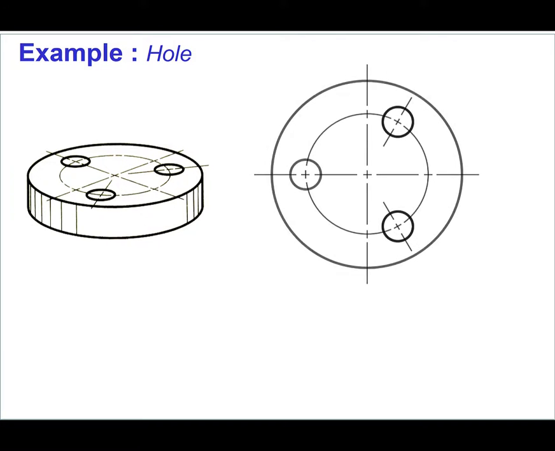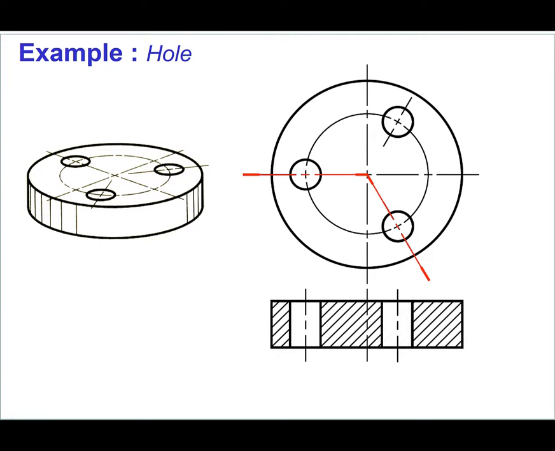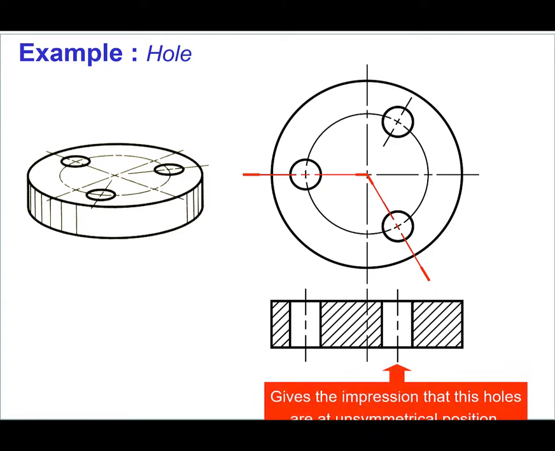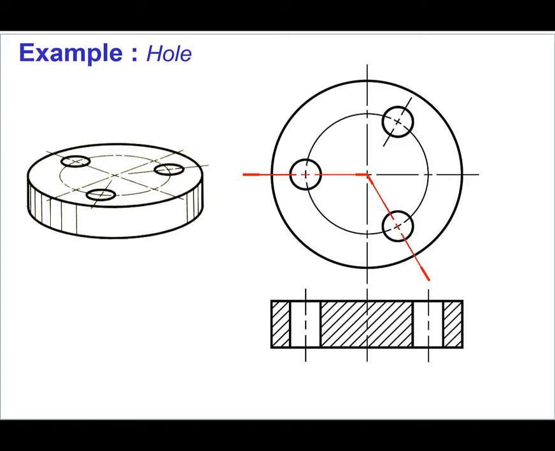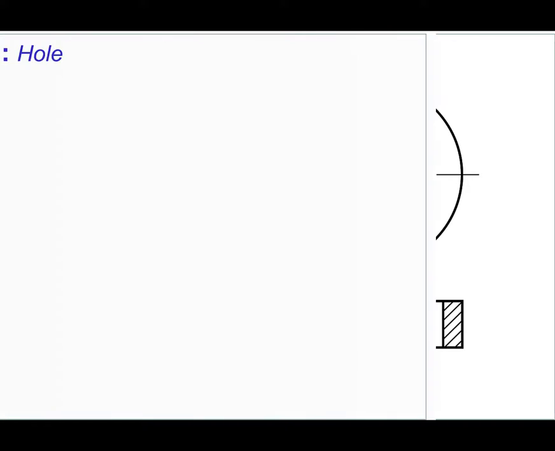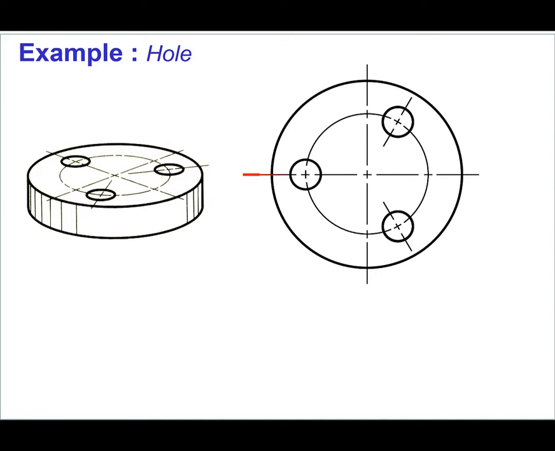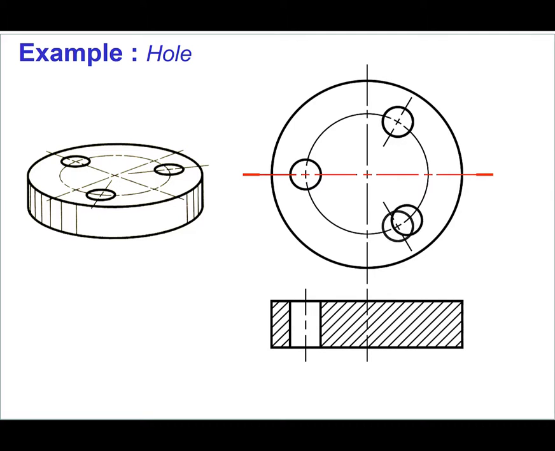Another example tells you when you have the evenly spaced feature, no matter where is the location of the cutting plane line, you always want to imagine the holes can be rotated into the horizontal position, and then you present the symmetrical feature in the section view by following the conventional practice. Another example shows you a different location of the cutting plane line, but it doesn't impact the symmetrical feature of the object in the section view at all.